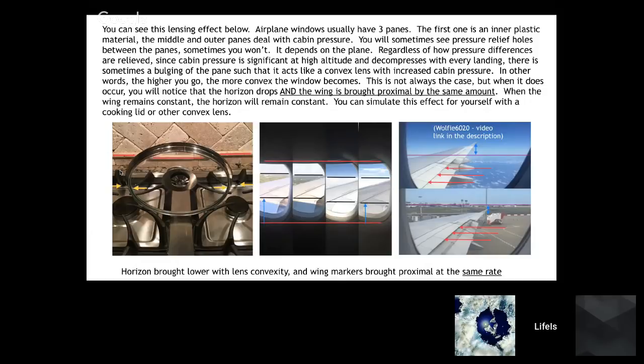It increases with height, so it's proportional to cabin pressure. That's my assumption, so maybe someone wants to go out and test it a little more. But like I said, it doesn't happen on every plane. I've done it several times now, and on some planes the wing stays exactly where it is, and in those cases the horizon has stayed exactly where it is. So take it for what it is.